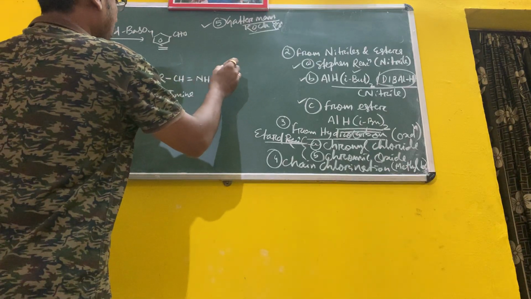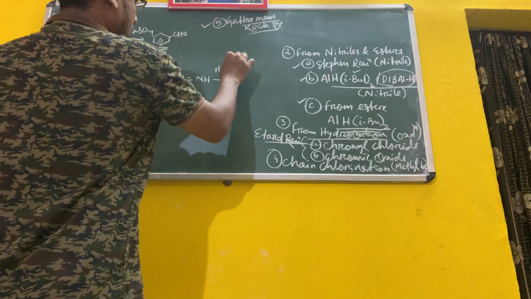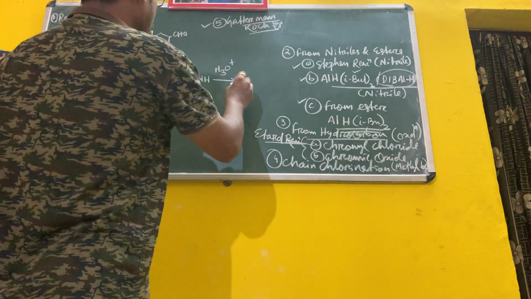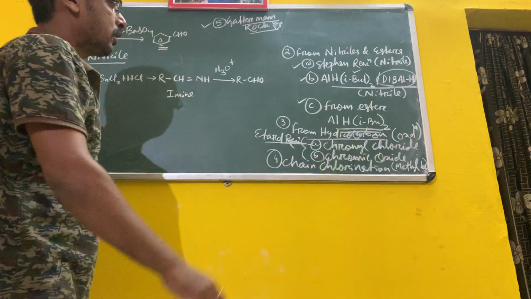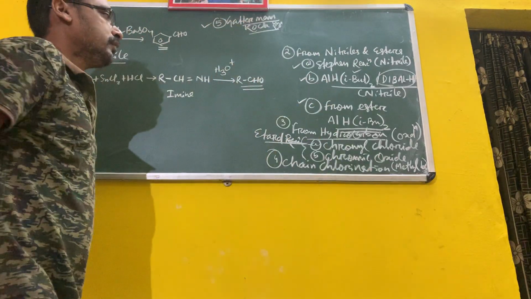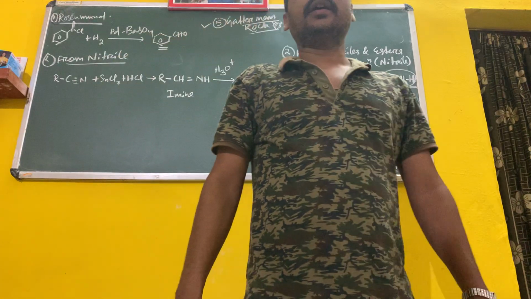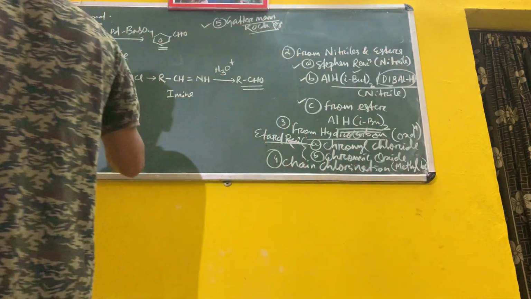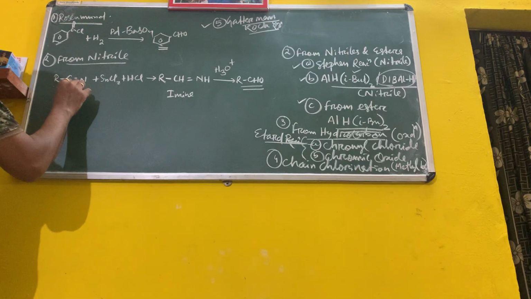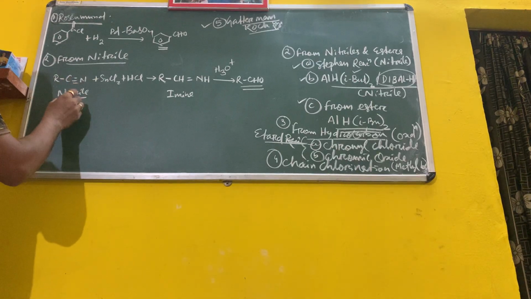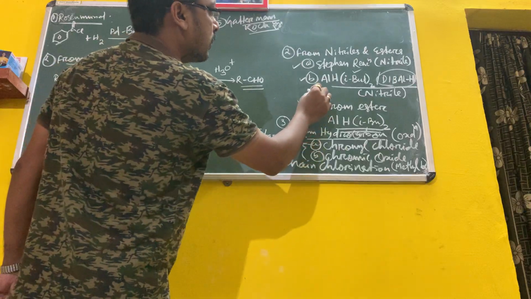When it is hydrolyzed, it will form RCHO, and the byproduct is ammonia. This is your aldehyde, from alkyl nitrile.